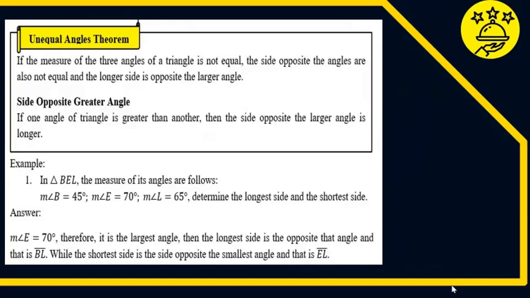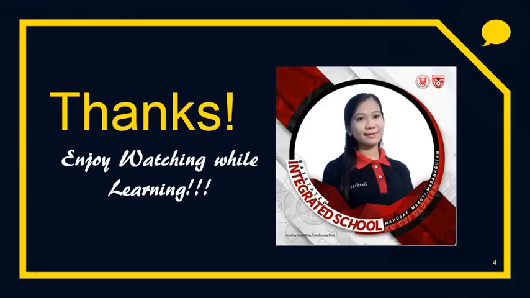Then the longest side is the side opposite that angle, so we have side BL. The shortest side is the side opposite the smallest angle, which is angle B at 45 degrees. Therefore, the side opposite it is the shortest side, side EL.